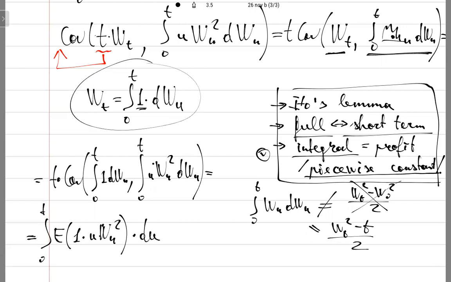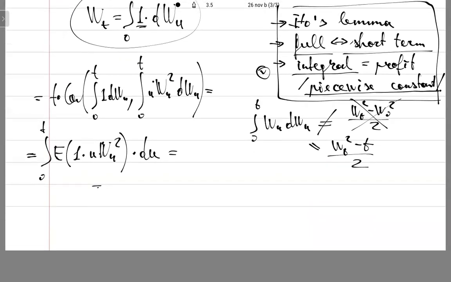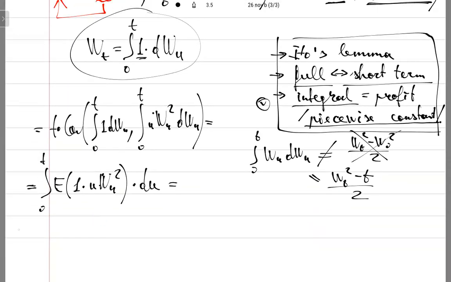The main point is that now we can use standard rules of integration. It will be 1 times u du, and it will be T squared over 3, yeah?